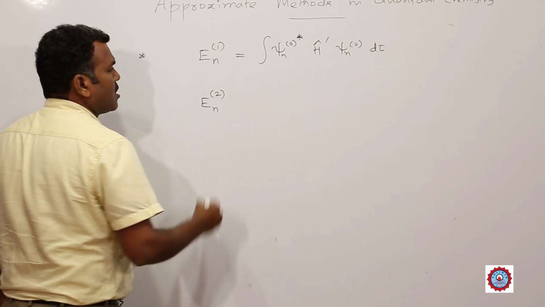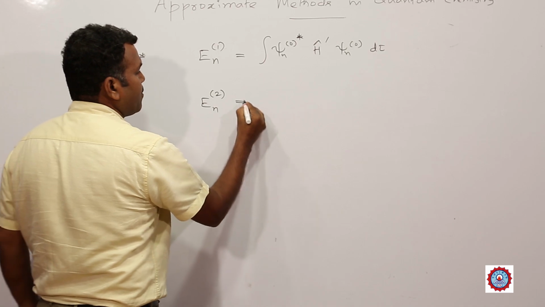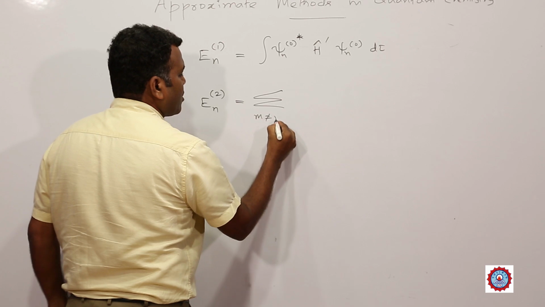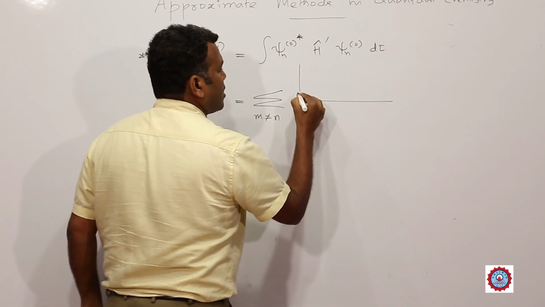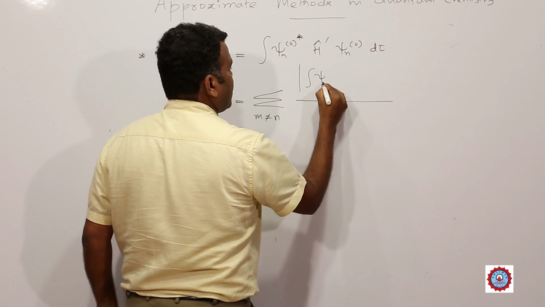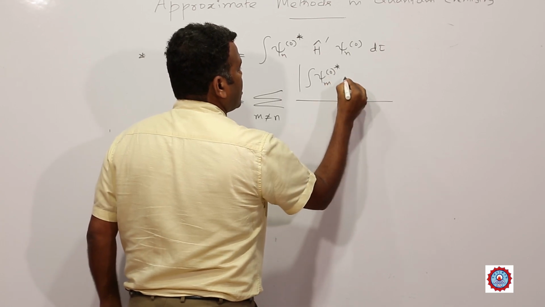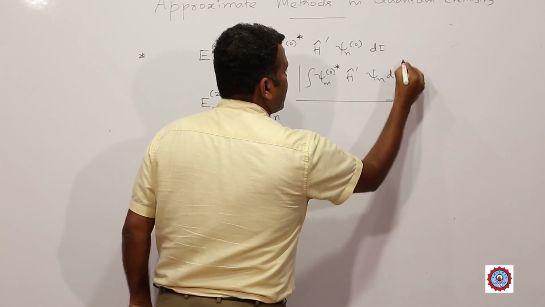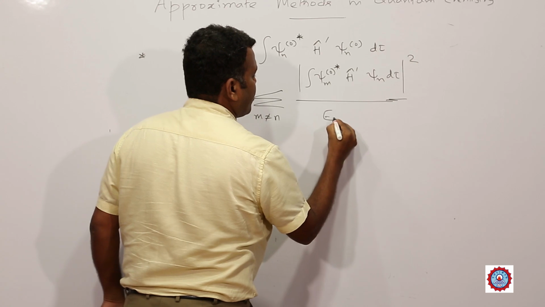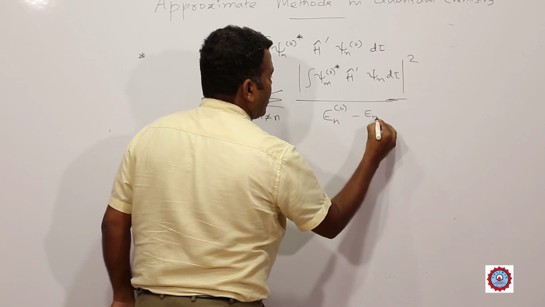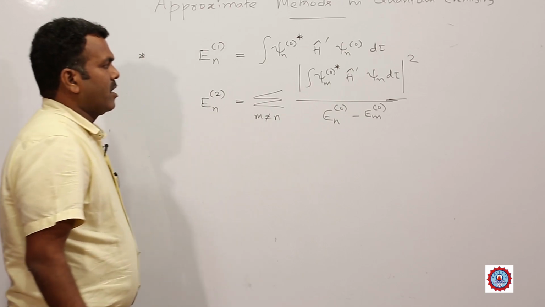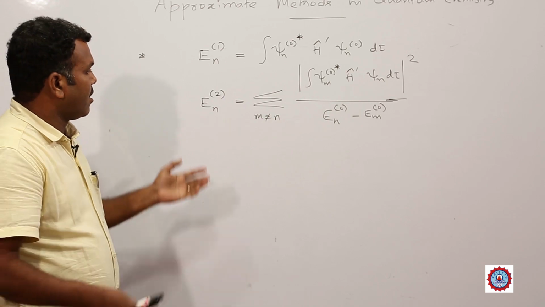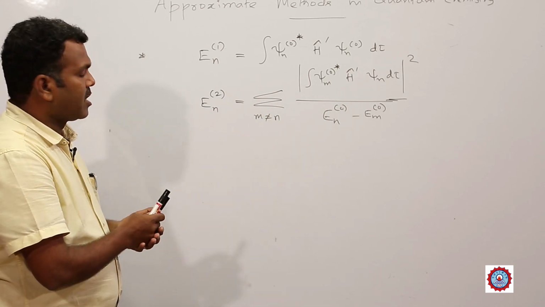Second order correction to the energy of nth state is equal to we have to take summation m not equal to n integral psi m naught star into H operator prime into psi n d tau square by E n naught minus E m naught. Okay. So, this is the formula we use, or this is the expression we will get if you do that mathematical simplification.